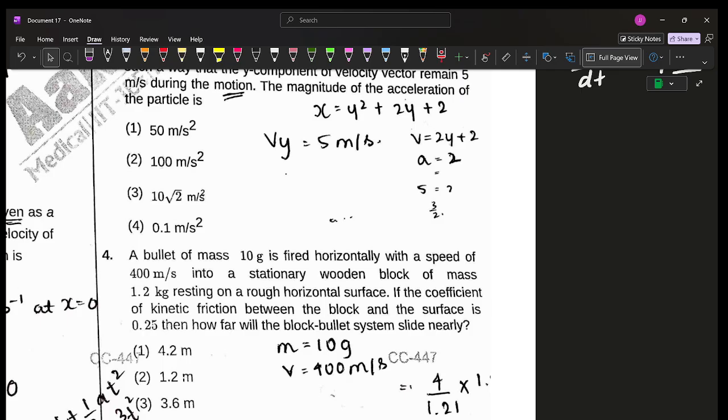And for friction I did mu into m1 plus m2 into g, and for m into a I took m to be the mass of the system, which is like 1.2 kg plus 10 gram.